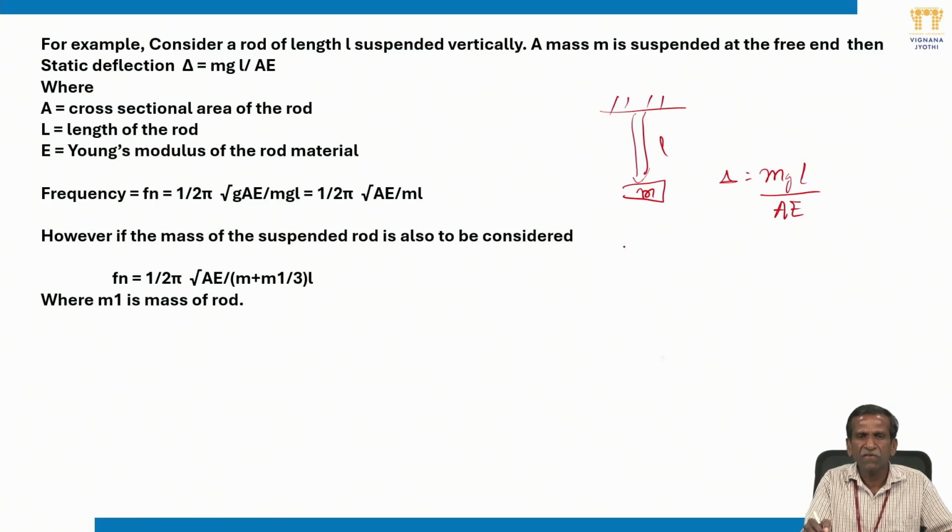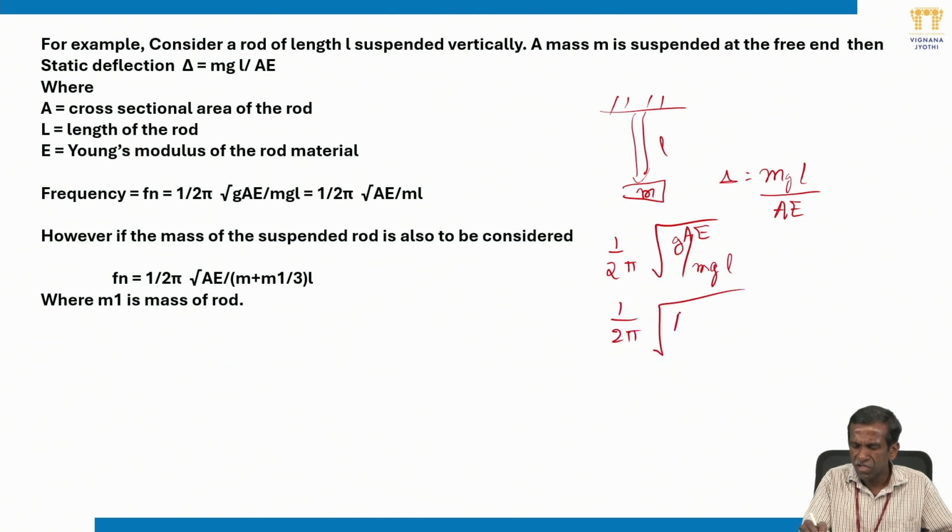Now we can write the frequency as 1 by 2 pi under square root of g by delta. G by delta is here g divided by mgL by AE. Here you can write AE in the numerator. Then overall, this equation is square root of g will cancel out, AE by mL.